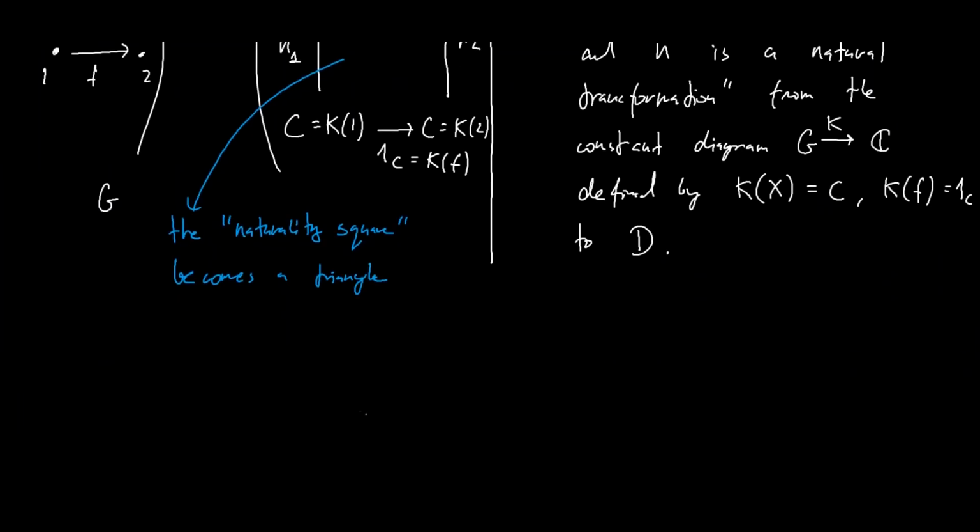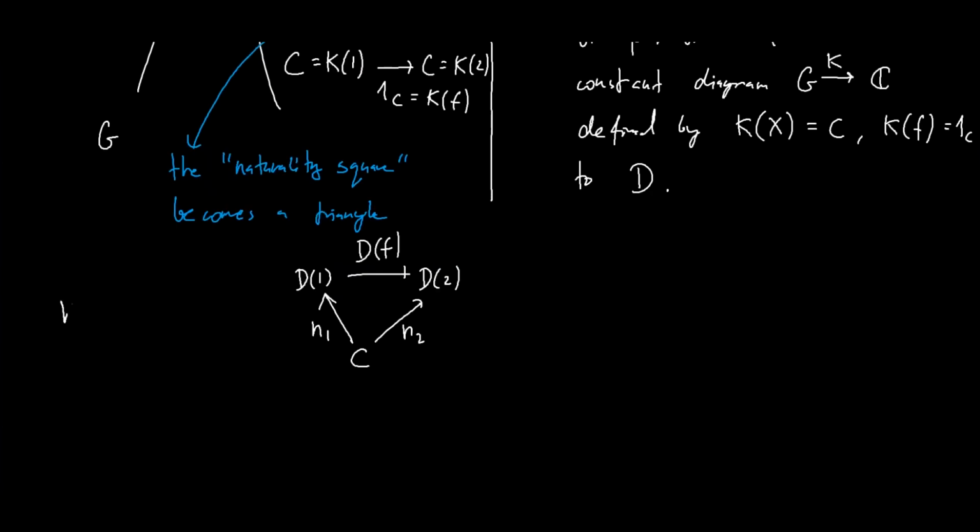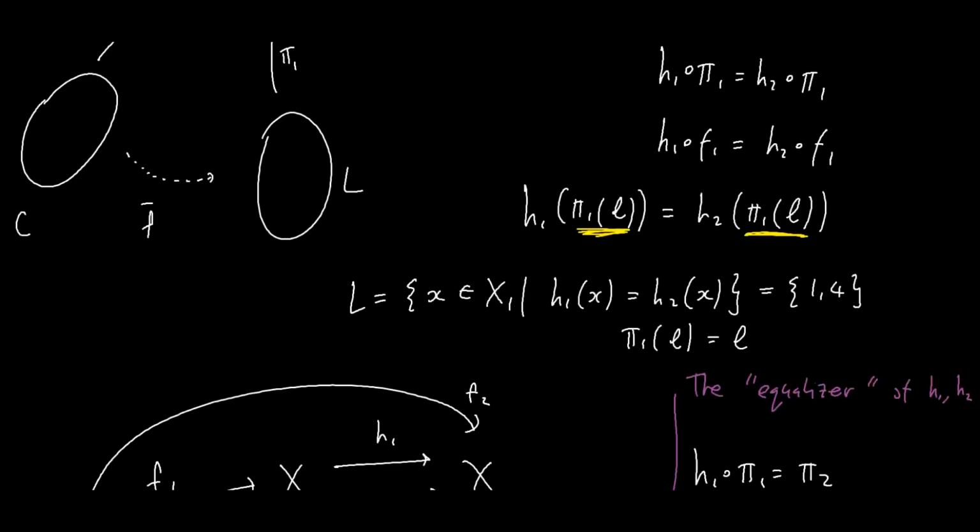The triangle goes like this: C, N1, N2, and there we have D1, D2, and D of F. And so commutation of this triangle becomes the property that D of F composed with N1 equals N2. And that's exactly what we wrote there.